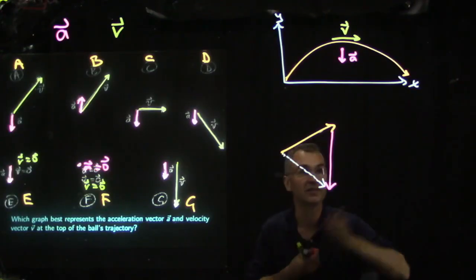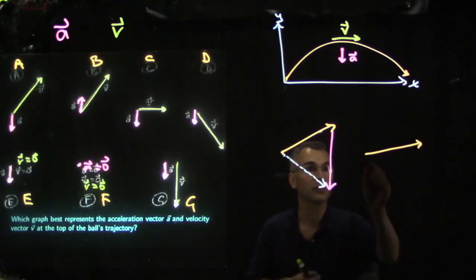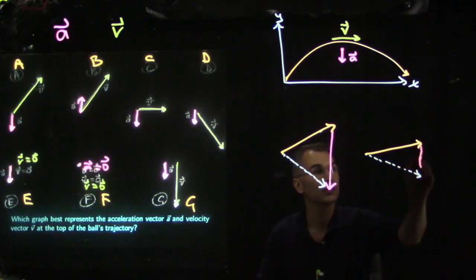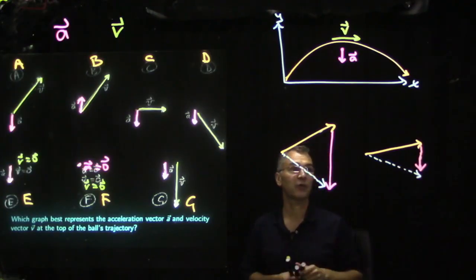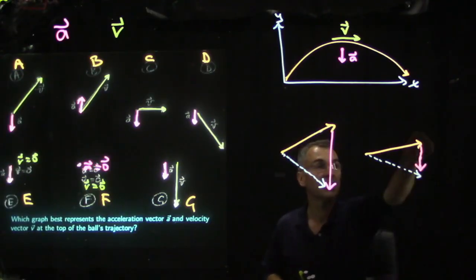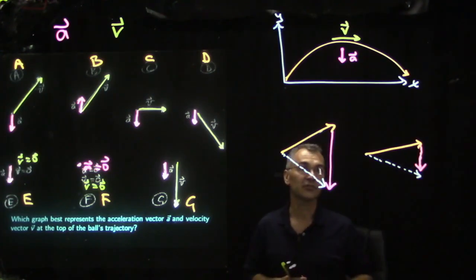And what we want to get is something that a little bit later is down and to the right. And what you have to add to this orange arrow to get this blue arrow is something which points straight down. So I think that makes sense. So the acceleration, to go from this velocity a little bit before apex to this velocity a little bit after apex, what we add to the velocity is something proportional to the acceleration, and that is directly down.